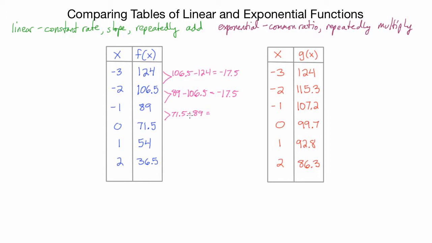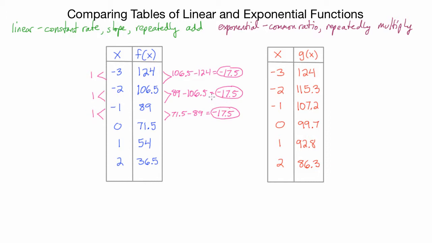And 71.5 minus 89, there's another change of negative 17.5. So what we can see here is we're subtracting consecutive terms. I'm changing by 1 along my x values. So every time I change by 1, it looks like we have a constant change of subtracting 17.5.